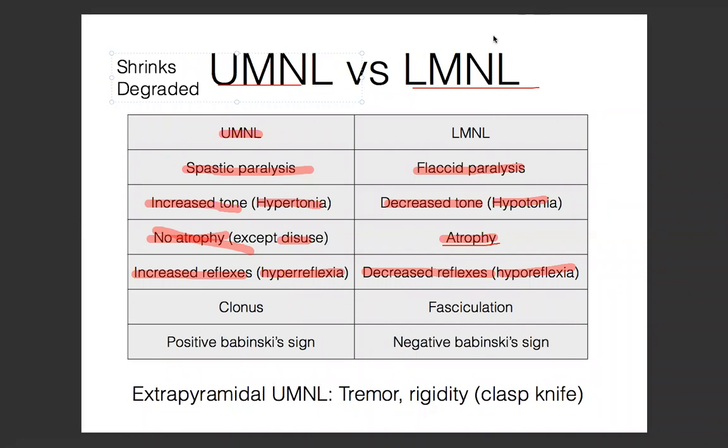So لما يكون lower motor neuron lesion المصل بيحصل لها atrophy because a lower motor neuron ذاتها is what makes the muscle keep its shape. يعني المصل ذاتها needs constant innervation to be in its shape. The moment you cut this innervation المصل دي no longer becomes in its shape وبتبدأ يحصل لها degradation.